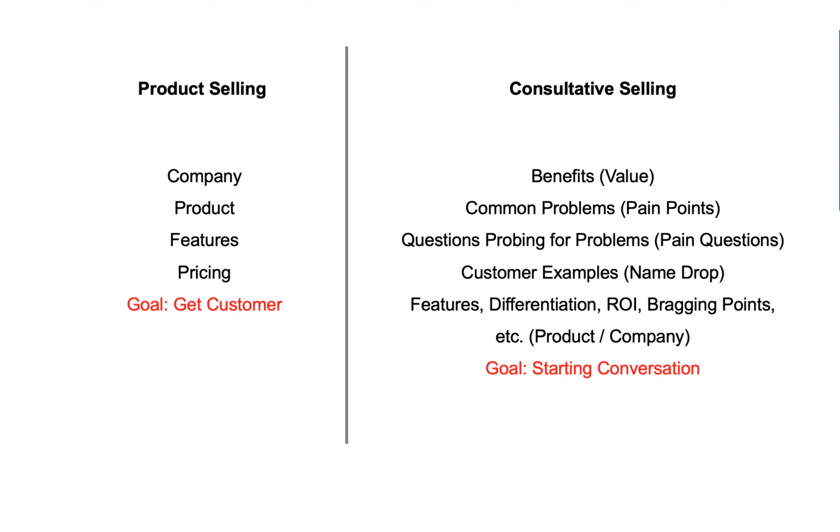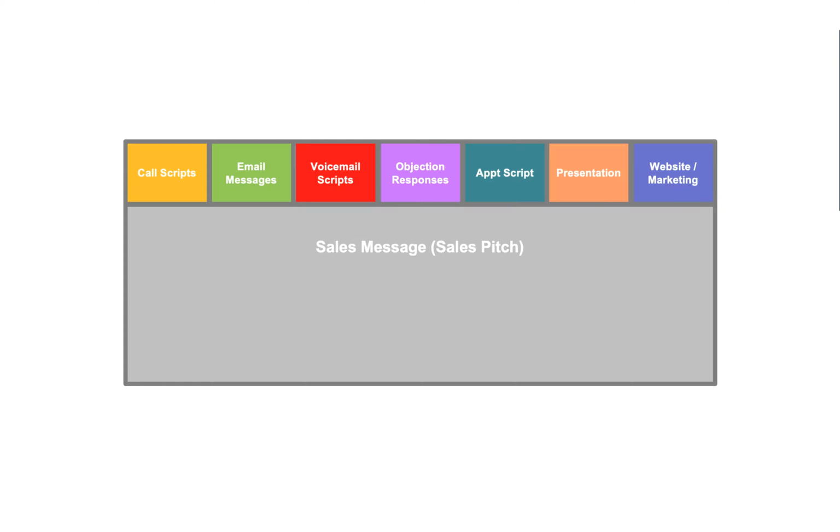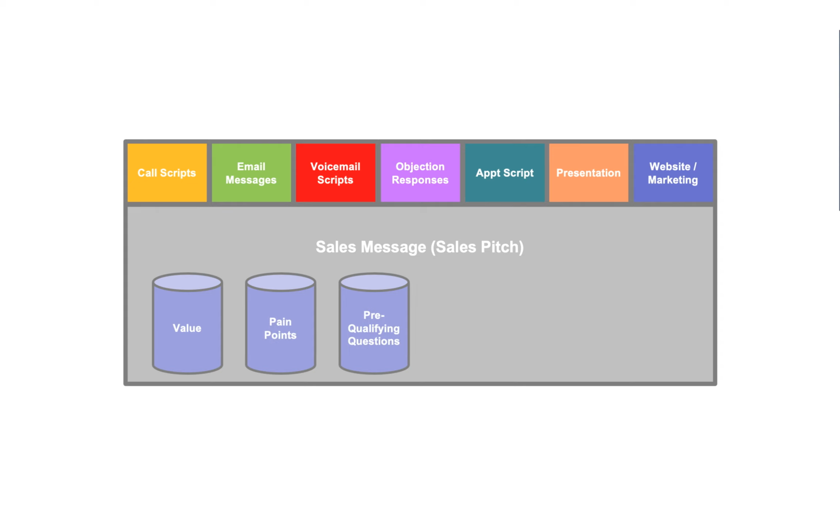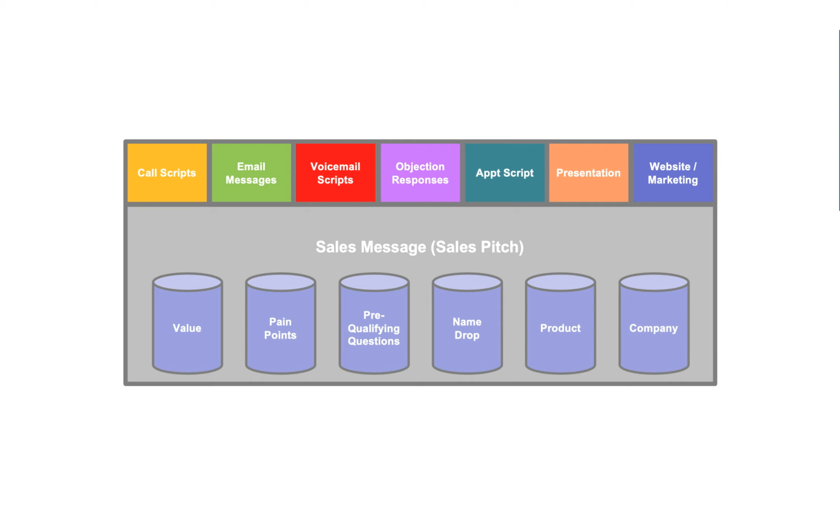So if you're in the meeting step, your goal is not to sell the product, your goal is to progress to the presentation step. If we go back to this model here, the foundation we need to build looks like this: value, pain points, questions, customer examples, product details, company details.